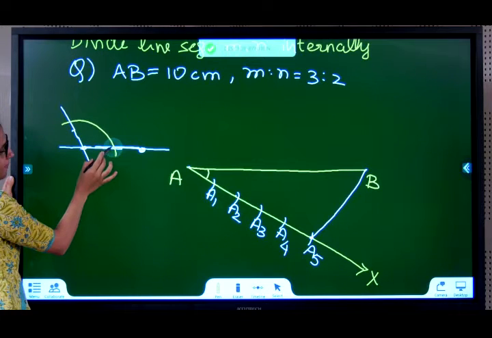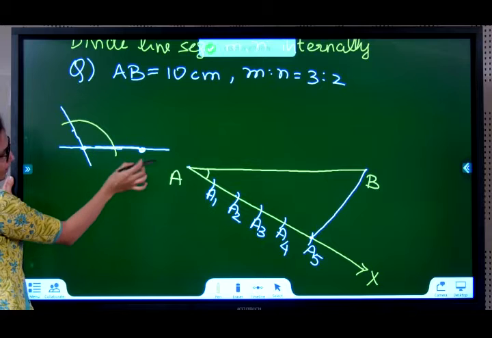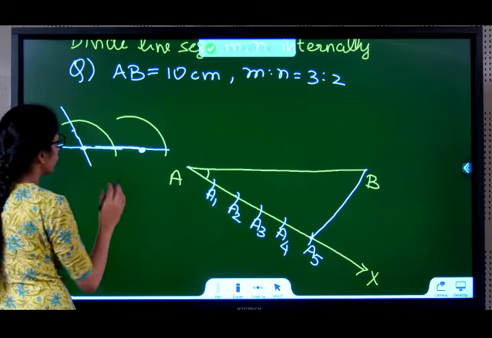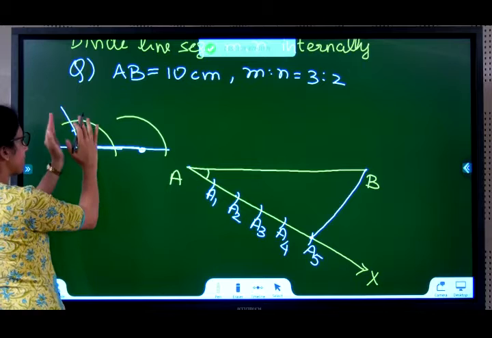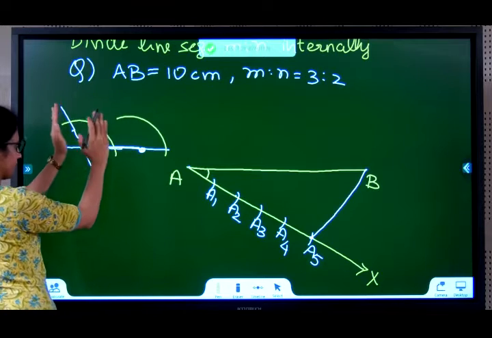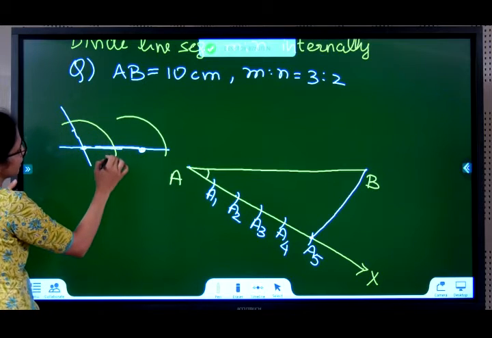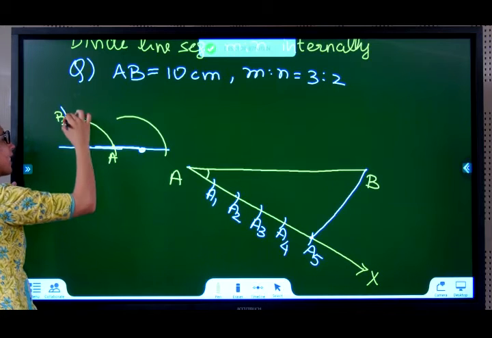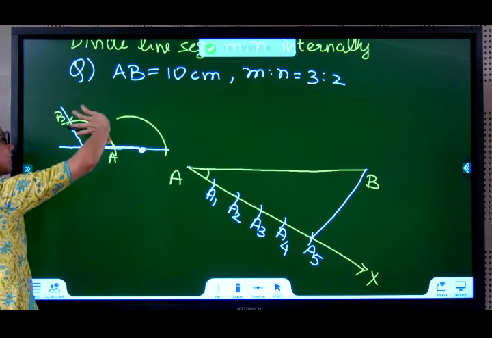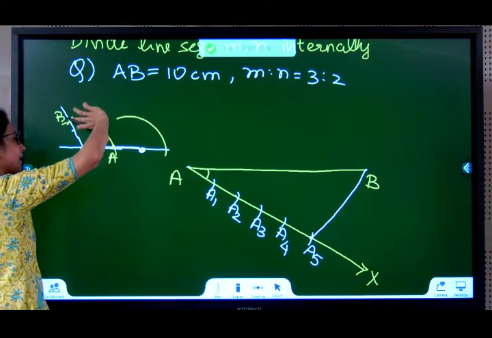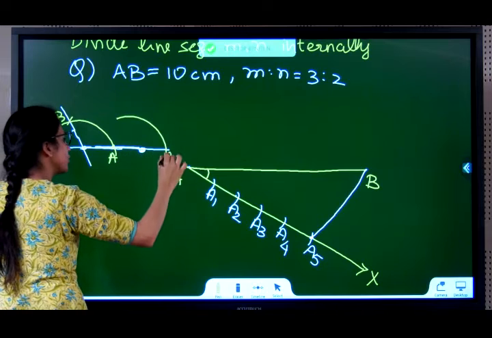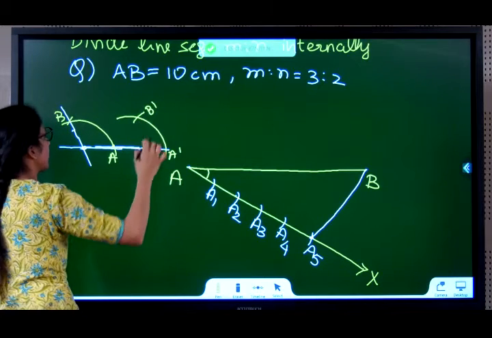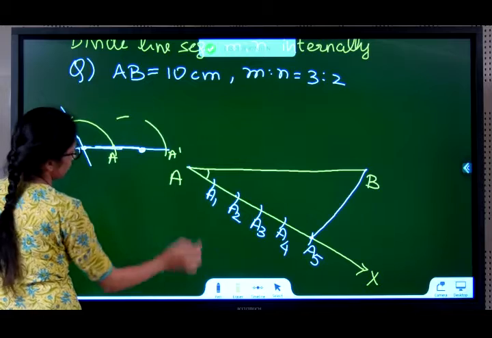With the same radius, come here and draw an arc. You are basically making a replica of this. You are copying this. Next, let's say this is A and B. Keep your compass at A and measure B. With the same radius, keep it at this new A and cut B dash.